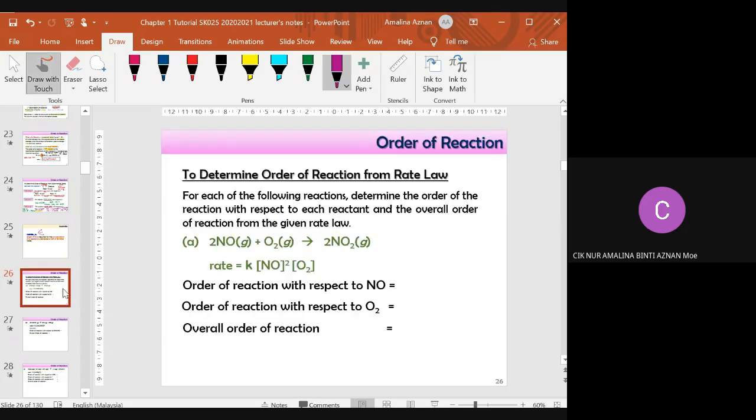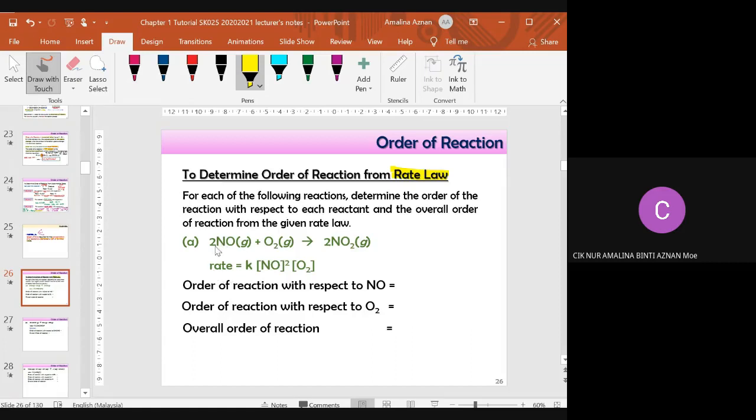Alright, so next one. Okay, so kita back to the order of direction. So kalau kita ada rate law, okay, so from the rate law, macam mana kita nak tentukan dia punya order? Okay, so kita just tengok.